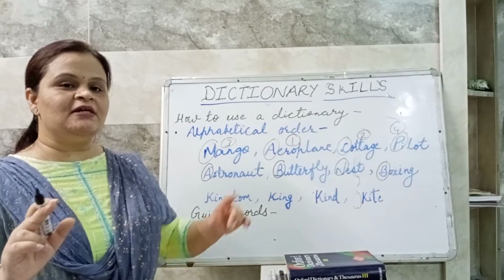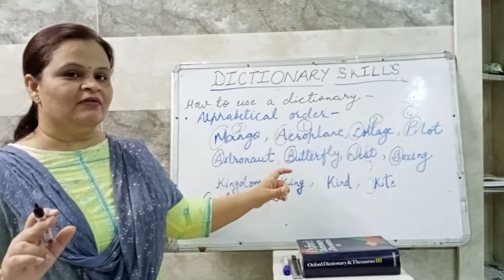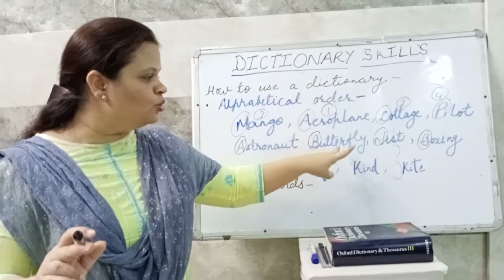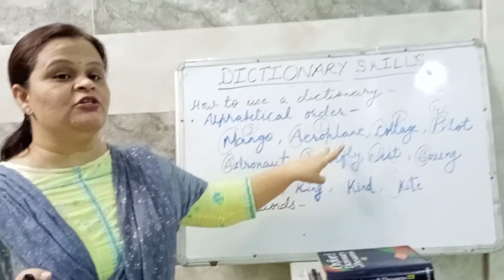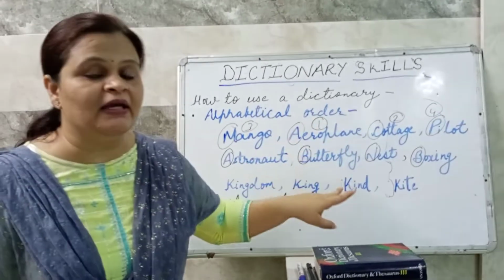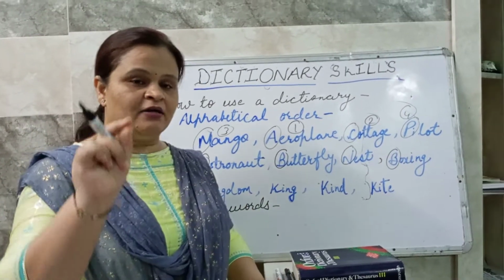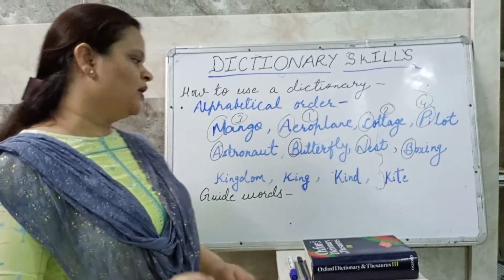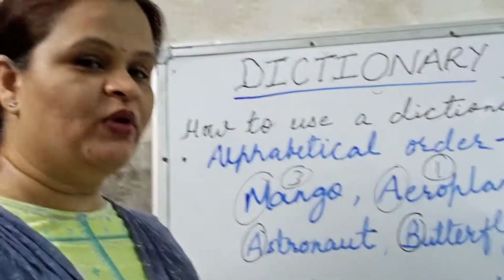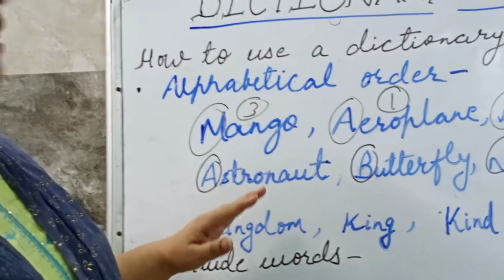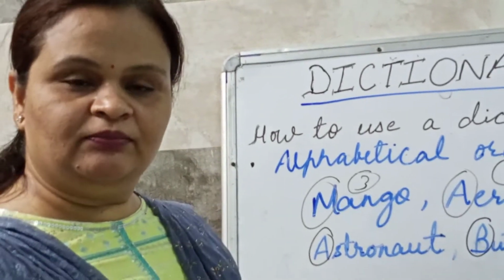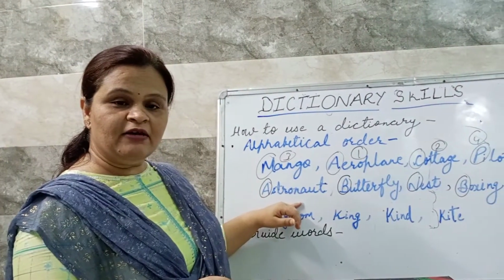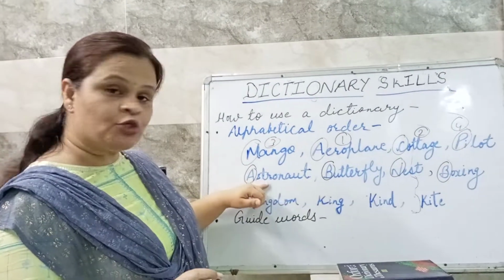Now what is the difference here? Compared to the first example, here 2 words start with B. It means the first letter of 2 words is the same. Okay, no problem, we'll see how we can do it. A to Z, the first letter is A and there is a word with A, astronaut.